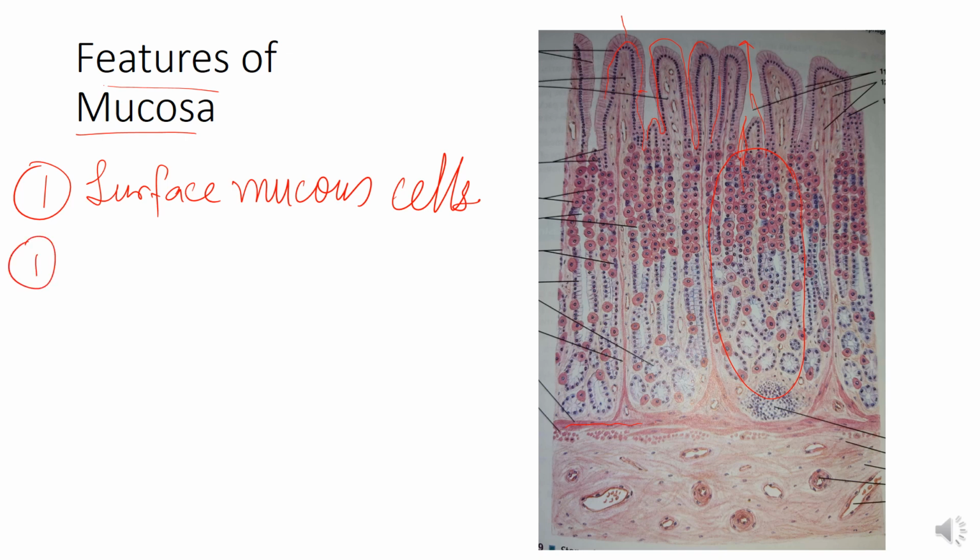First is the epithelium. Mucosa consists of epithelium, which is the simple columnar epithelium.